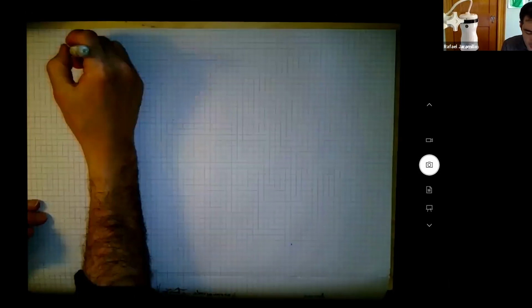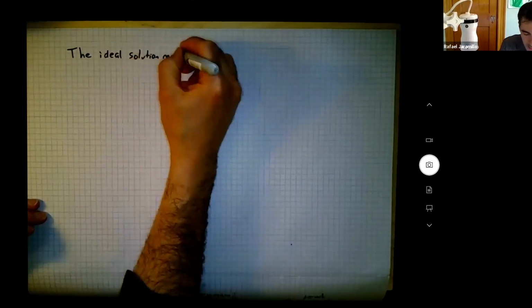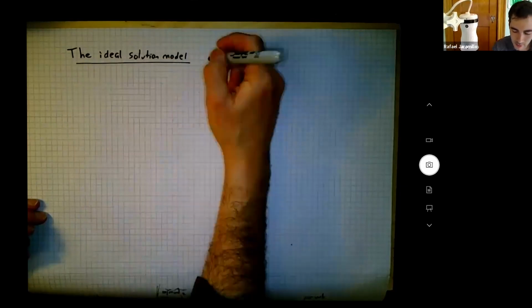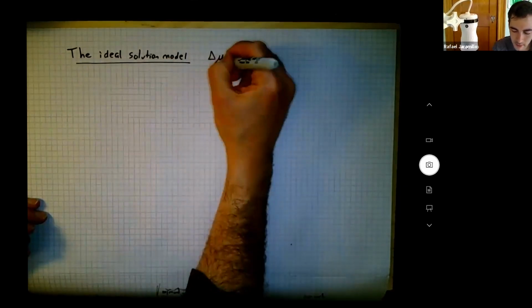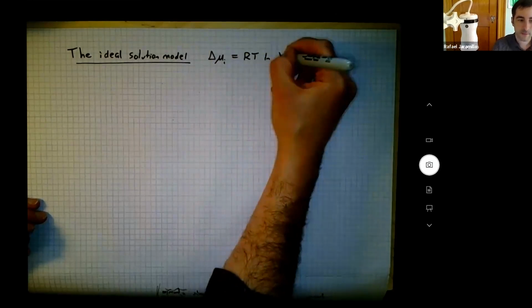and call everything we just did the ideal solution model. The ideal solution model, and we can write it down very compactly. Right?